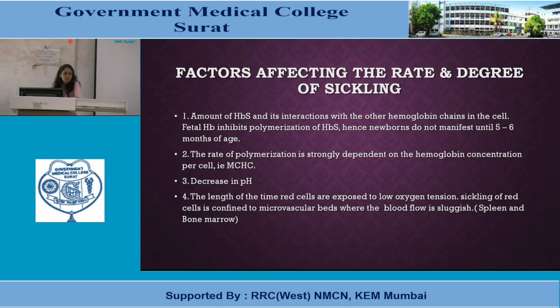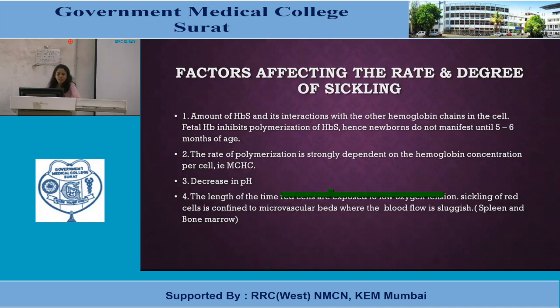HbF has no gene mutation in its chain. So HbF is a protecting factor, as it inhibits polymerization of HbS. That's why sickle cell anemia does not show symptoms before the age of 6 months, because of the HbF. It is a protective phenomenon.